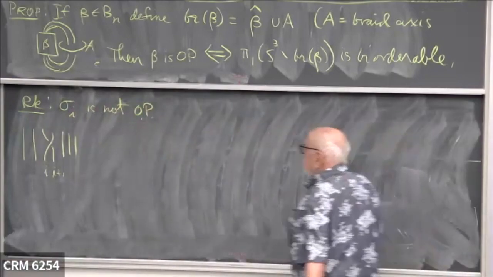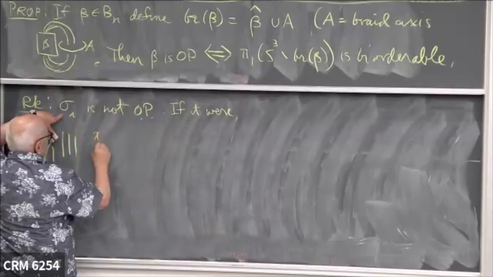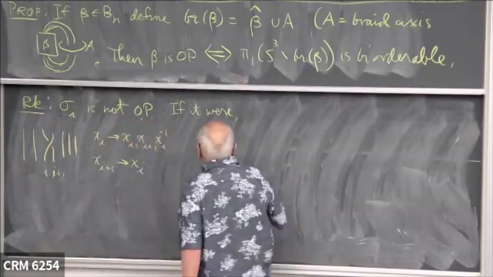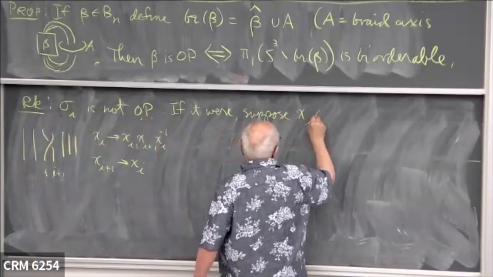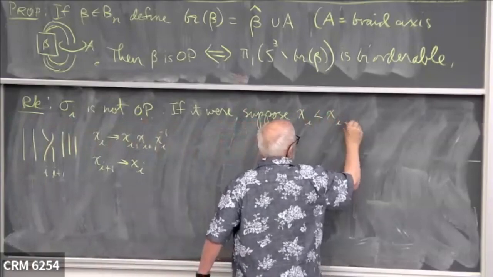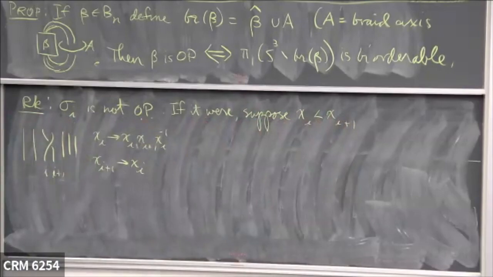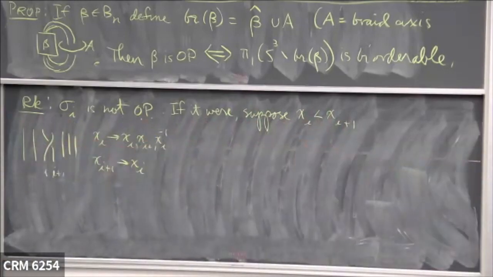Because remember, sigma i takes xi to a conjugate. Suppose we have xi less than xi plus 1 in the ordering. If not, then I can take the reverse ordering.